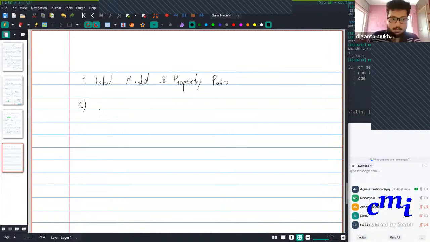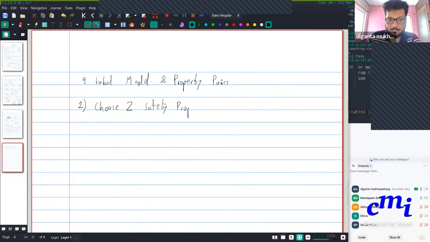So when you say model and property pairs, you'll have to basically choose 2 safety properties. And when I say safety property, what I mean is something from the paper that you have.